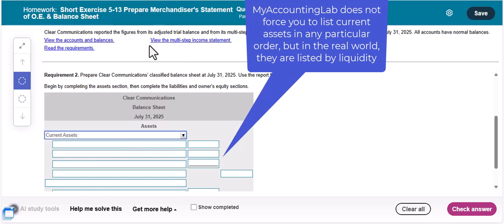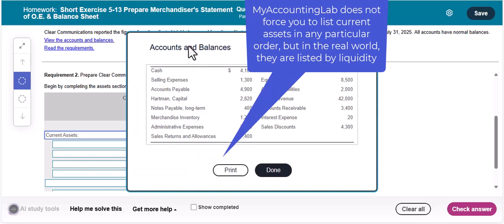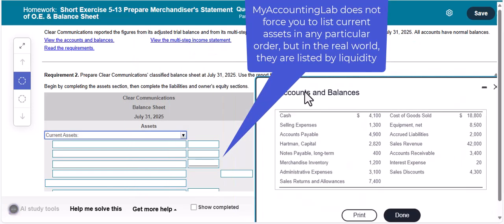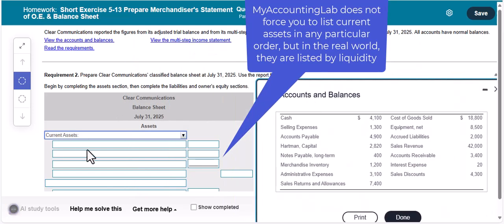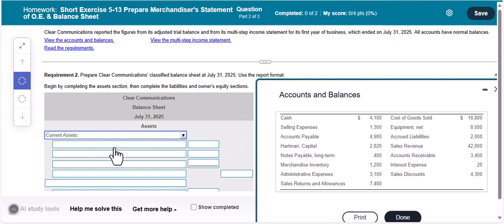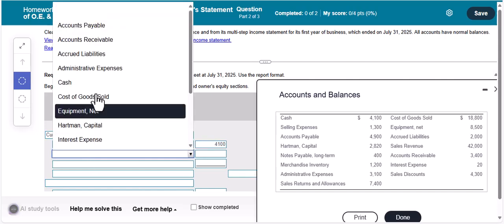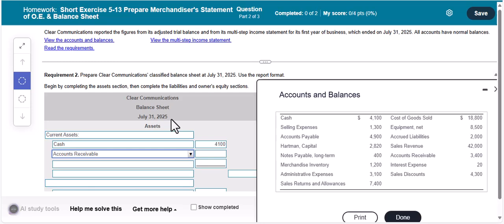So for this, we will need our accounts and balances here from the adjusted trial balance. We no longer need the income statement. Pop that open. So now my accounting lab is not going to make you list the current assets in any particular order, but I'm going to list them in the order that they are usually done. So first it's cash for $4,100. And then it's accounts receivable because, again, remember, these accounts are listed in order of liquidity.